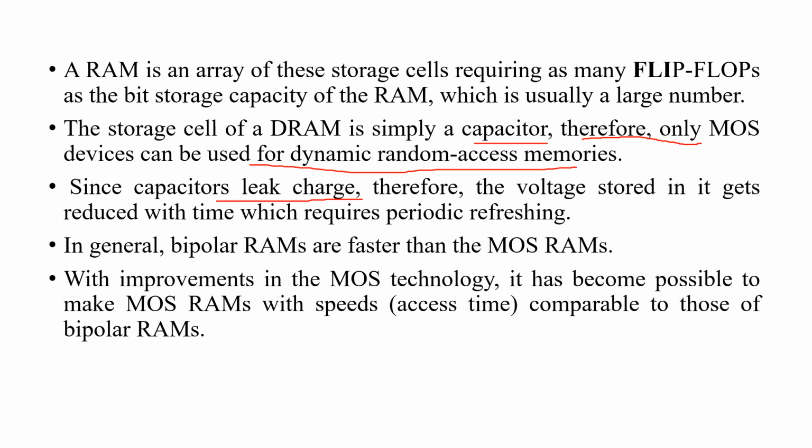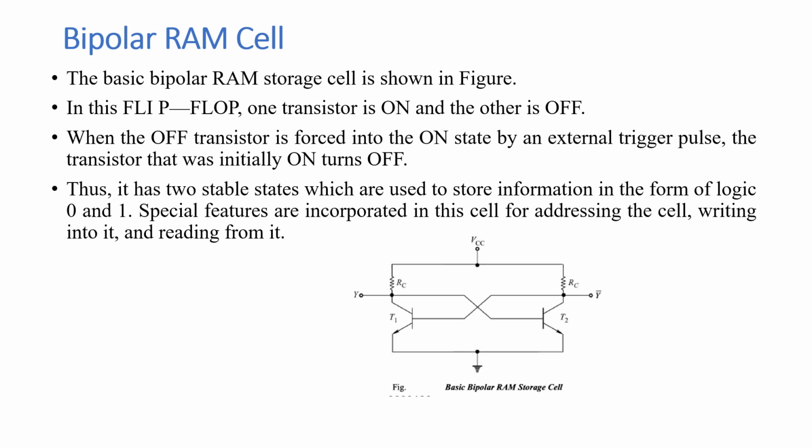In general, bipolar RAMs are faster than MOS RAMs. With improvements in MOS technology, it has become possible to make MOS RAMs with speeds almost comparable to those of bipolar. Let us see the bipolar RAM cell. This is the basic bipolar RAM storage cell.